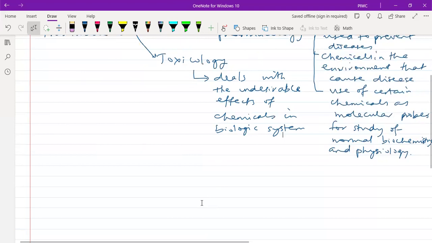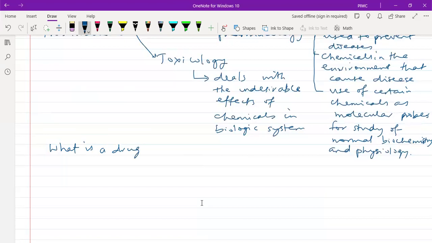Now we want to look at the meaning of what a drug is. So what is a drug? What do you consider as a drug? So when we say a drug, we are talking about any small molecule when introduced into the body alters the body's function by interactions at the molecular level, right? So that's what a drug refers to.